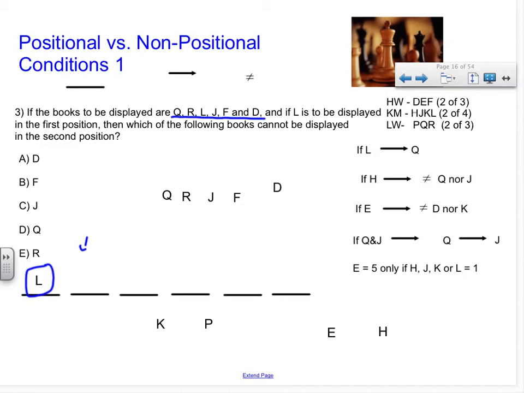So let's try what happens if we were to put D in the second position. If D were to go in the second position, we're left with Q, R, J, and F.